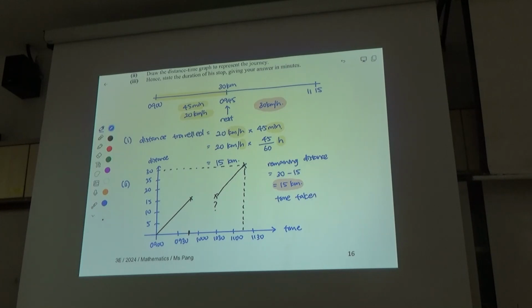So the time taken for the remaining part will be distance divided by speed. So 15 kilometers divided by 30 kilometers per hour, and that will give us 0.5 hours.